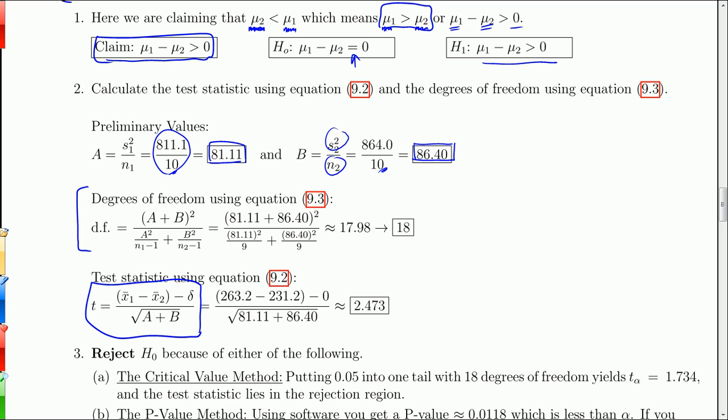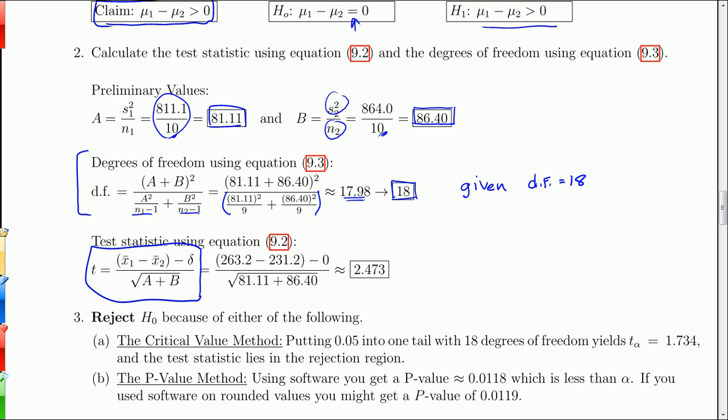You have to plug in a lot of values, all these A's and B's, and n1 minus 1 and n2 minus 1 down there. If you do it all correctly, and it's not easy to do with a calculator, you get 17.98, which rounds to 18 degrees of freedom. So in homework problems and the worksheet, you'll be given df equals 18.